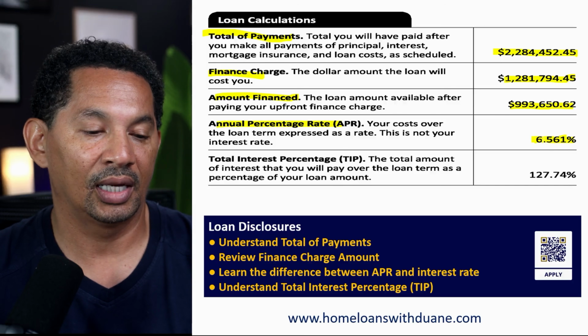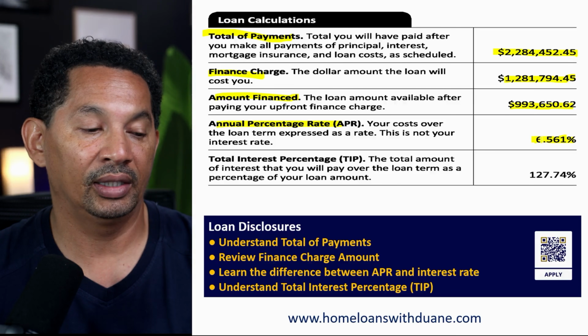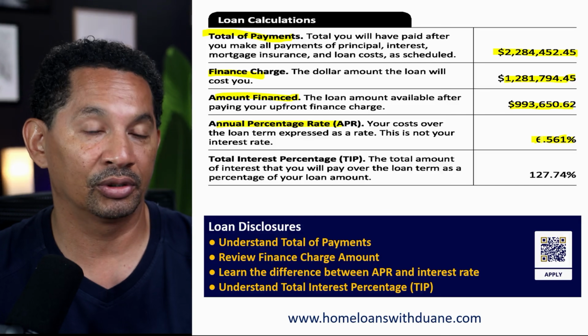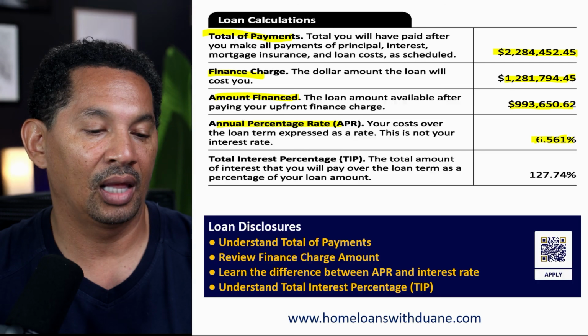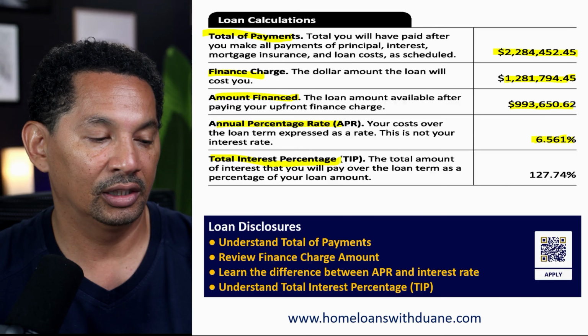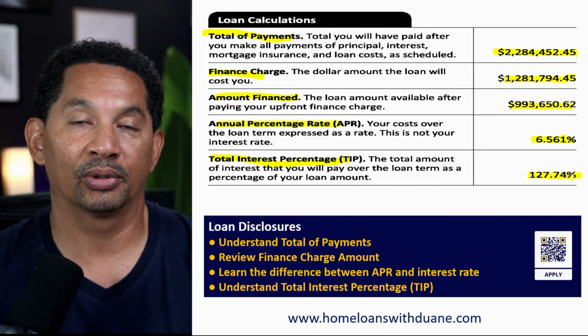If this was at 7%, then you know that your fees expressed as a rate is 0.5%. So this one can tell you that they did not pay a lot in fees. Then the total interest percentage that you are paying over the life of the loan is 127.74%.